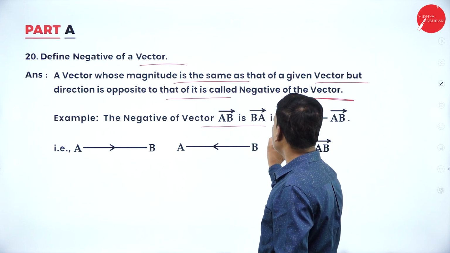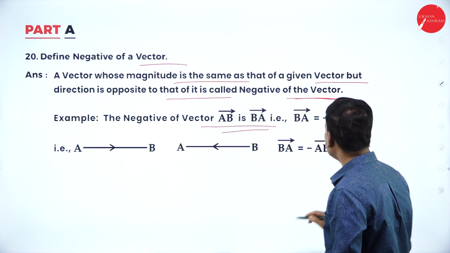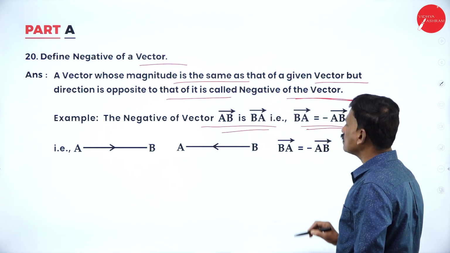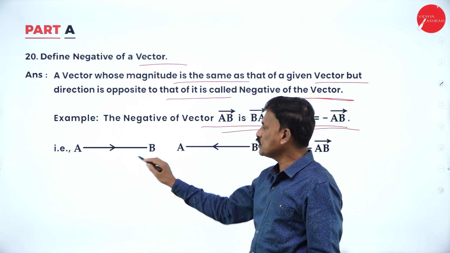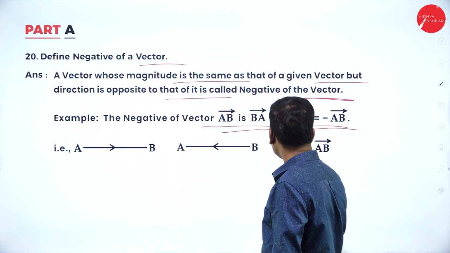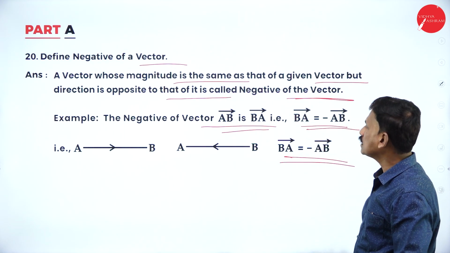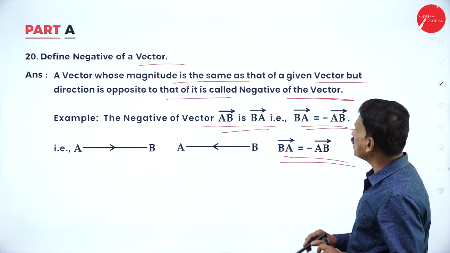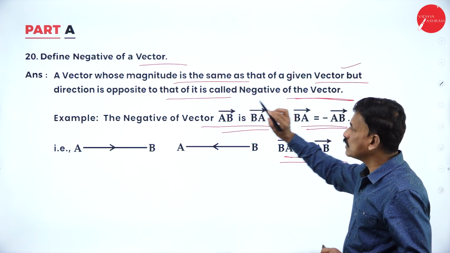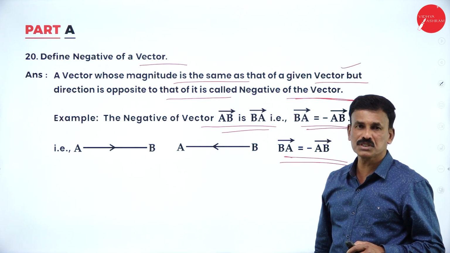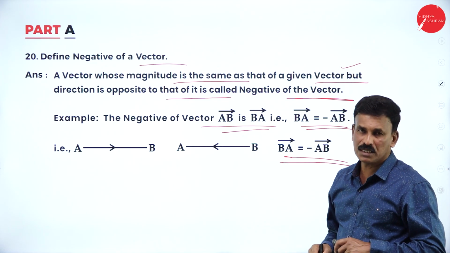For example, if AB is the vector, then the negative of this vector is BA and it is nothing but minus AB. That is, if A to B is the vector, then BA is called the negative of the vector and it is denoted as BA is equal to minus AB.